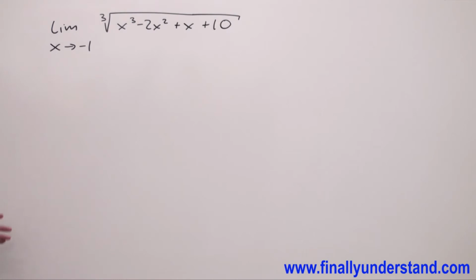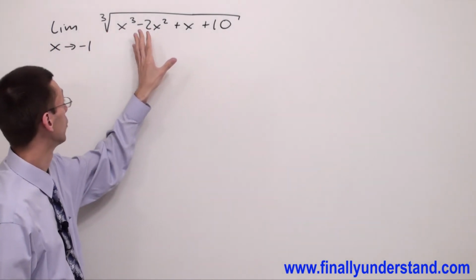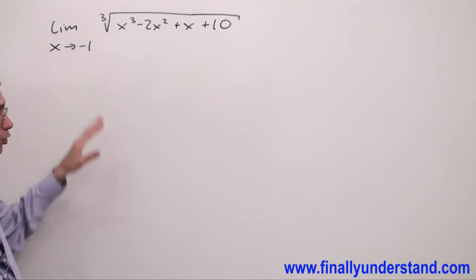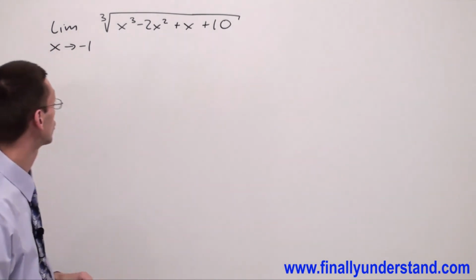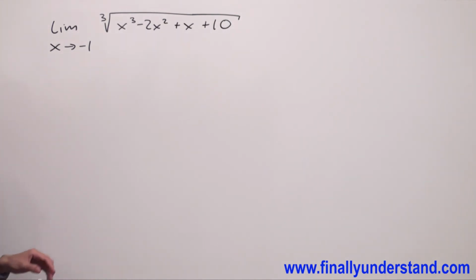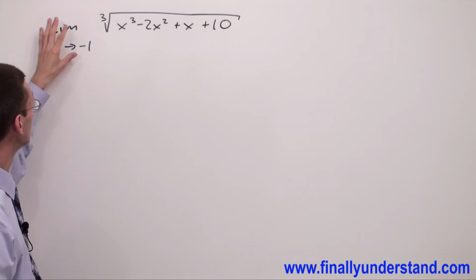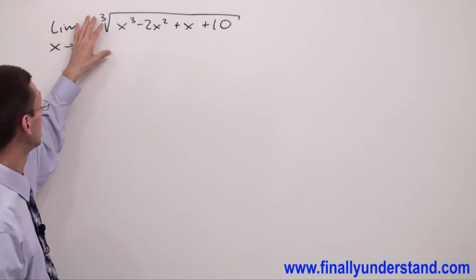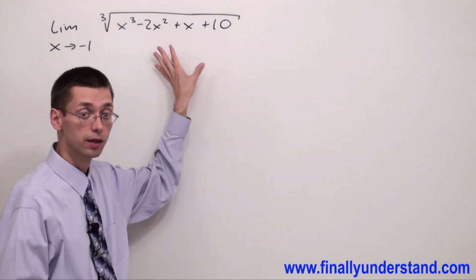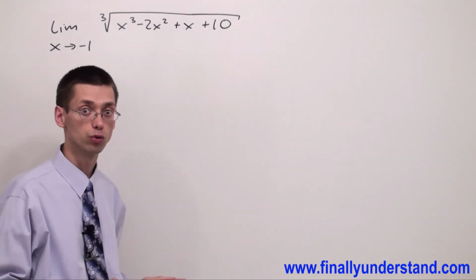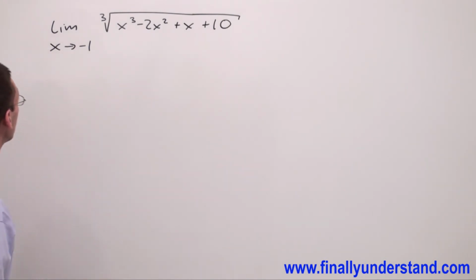This time we're supposed to find the limit of the cube root of the polynomial with x approaching -1. How are we supposed to look at this problem? We're supposed to use the theorem for the limit, which says that the limit of, in this case, the cube root of the polynomial is equal to the cube root of the limit of that polynomial.